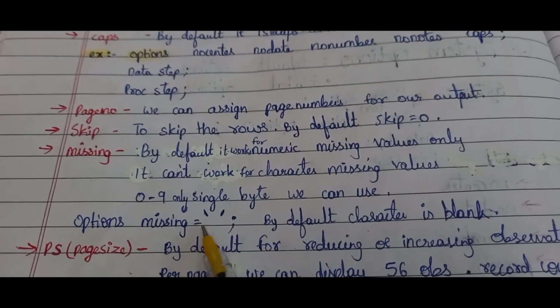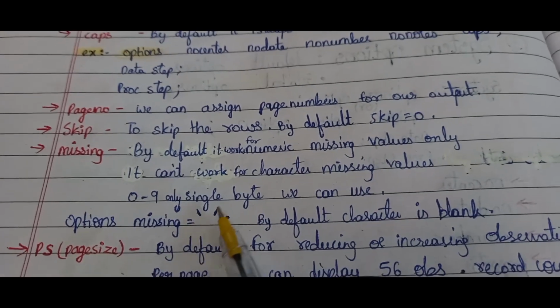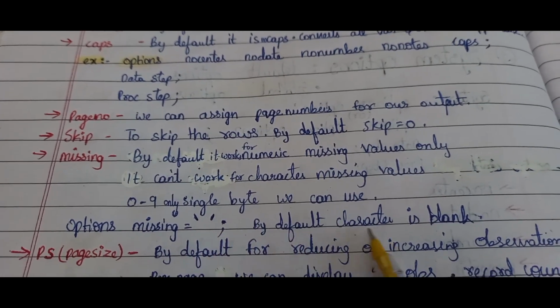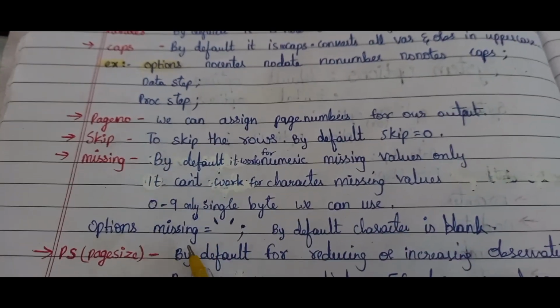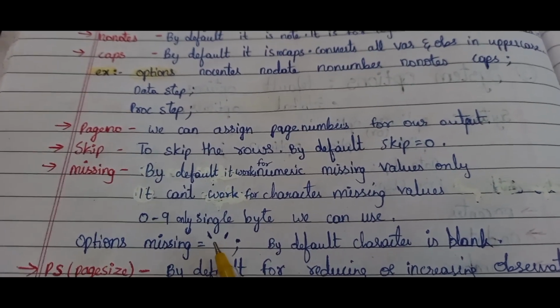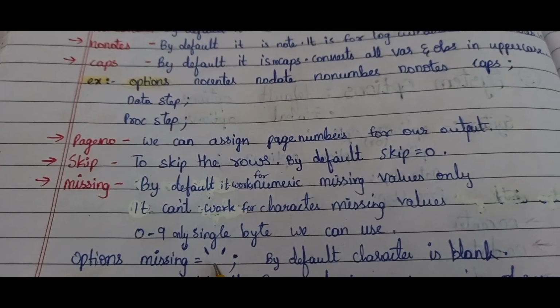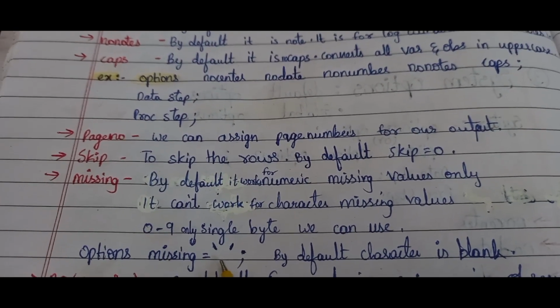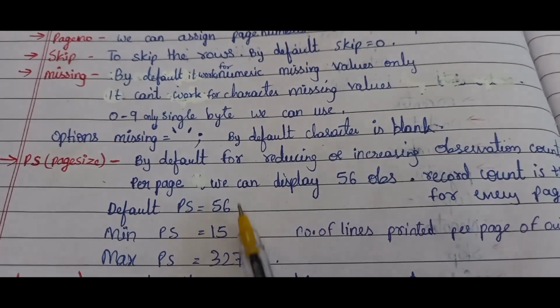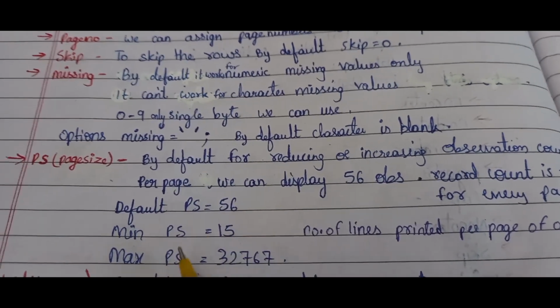So only a single byte we should use in the missing option. So options missing equals, with a space. I am giving single quotation marks with a space. By default the character missing value is blank, right? For numeric, if you want a missing value as a blank, for that purpose you use this. Next is page size. Default page size is 56.